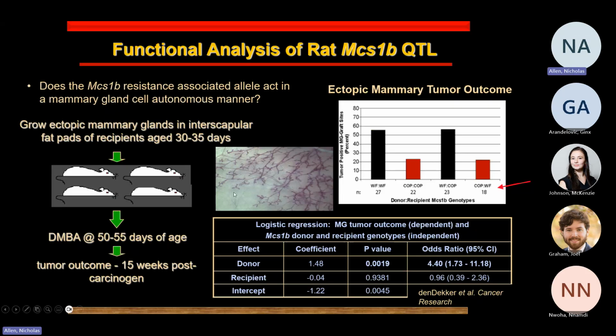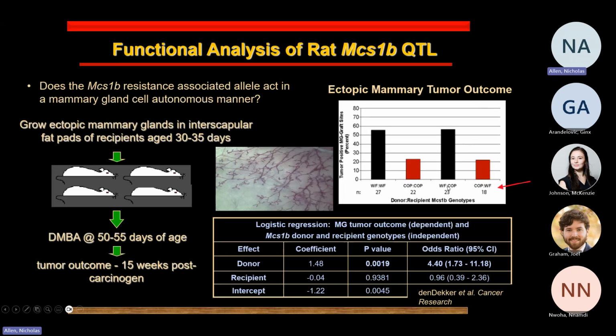We take our resistant strain and put it into the resistant recipient, and the outcome is about 20 or 25%. So we're getting about a 50% reduction, which is what we saw with the endogenous mammary glands. Now these are our unknowns, where we're putting the susceptible mammary gland into the resistant host.